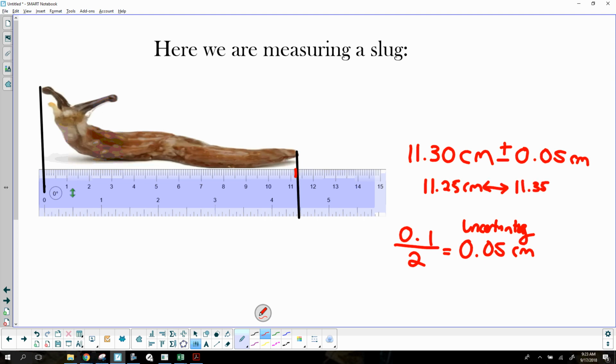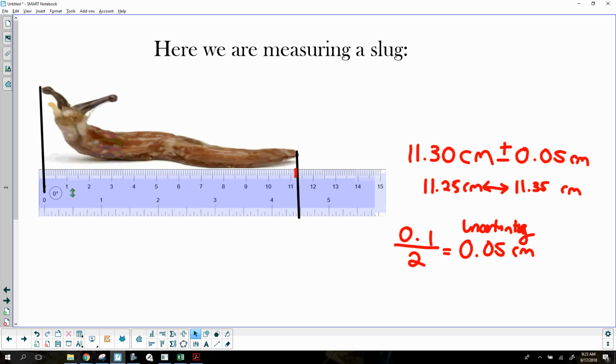And I know for certain my measurement is inside that range. So whenever I'm listing a measurement off a piece of equipment, I've got to add on there that uncertainty, so the reader knows what range of uncertainty my measurement has.